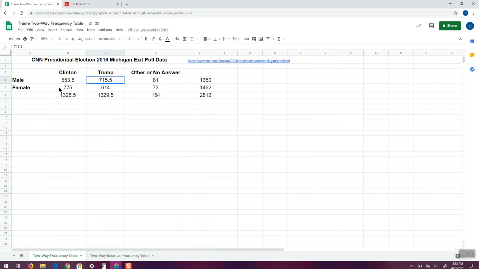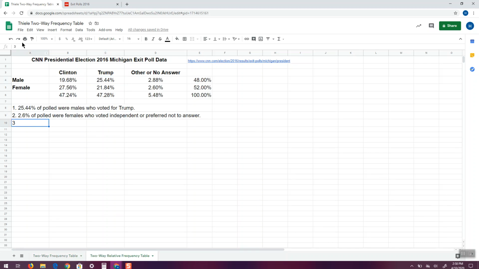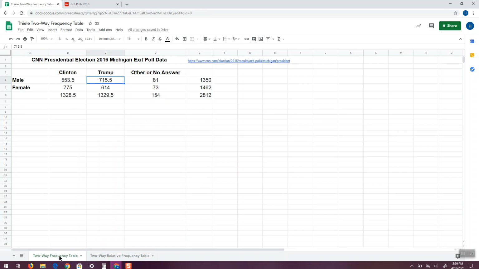You could say 775 of that 2,812, or we'll go somewhere else. We'll go with this. 614 of the 2,812 polled. Look at that, more females who voted for President Trump.